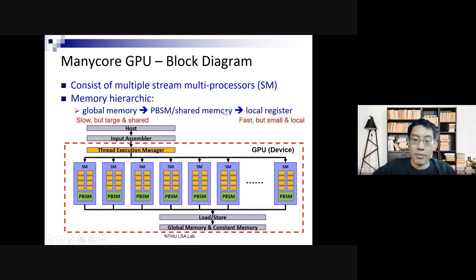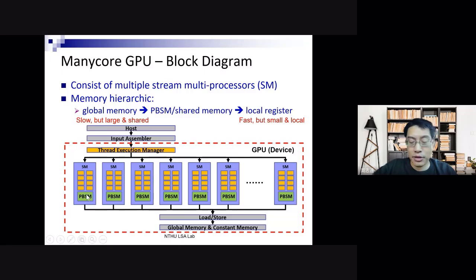The memory is a similar thing. We have global memory outside, which allows every single core to access it, and the space is relatively larger compared to the local memory, but it's slow because it's far away from the cores. Data access is important, so there is a per-block shared memory on each SM that is only accessible by the cores on that SM.